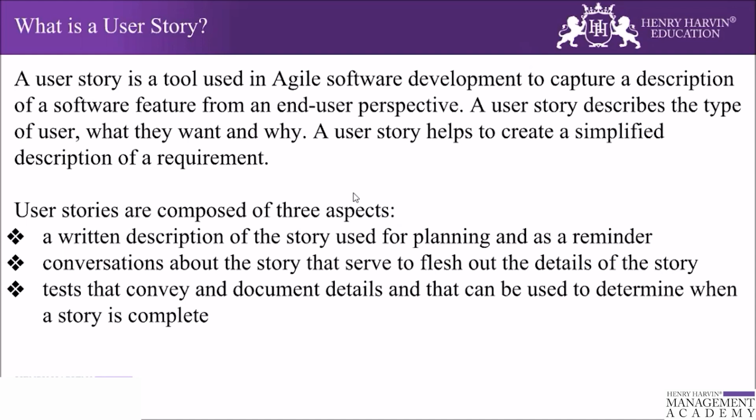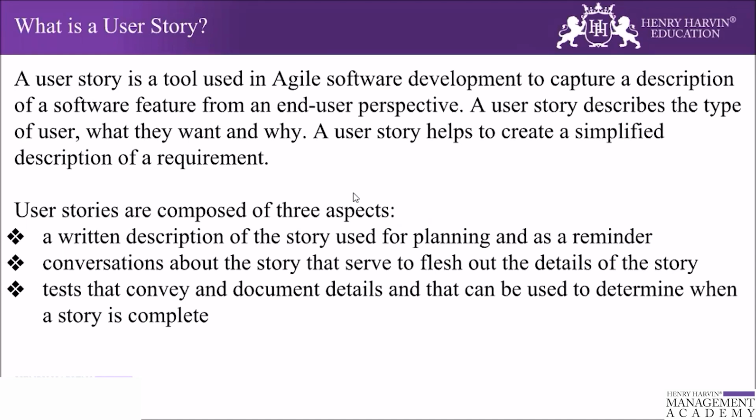One is the written description of the story, used for planning and as a reminder. Conversation about the story that serves to flesh out the details of the story, and tests that convey and document details that can be used to determine when the user story is complete.